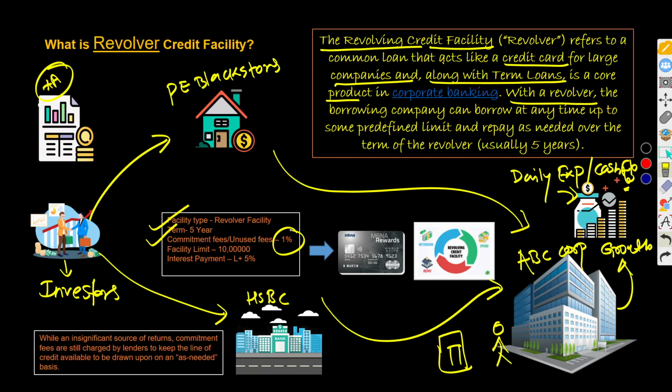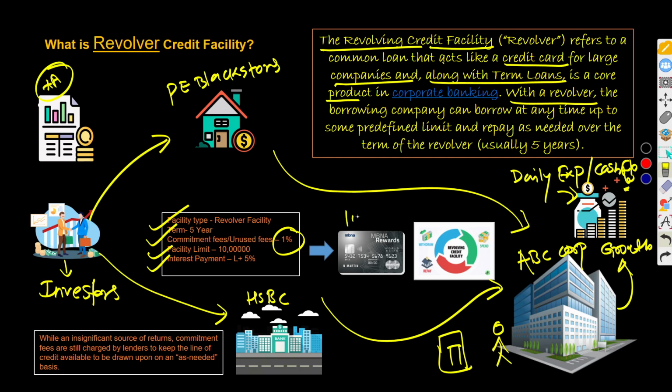It depends, but they'll charge it. Similarly, in a revolver credit facility, commitment and unused fees are charged on unused or uninvested funds. Then the facility limit, let's say 10 lakh, and then interest payment, which is charged only on the used amount.